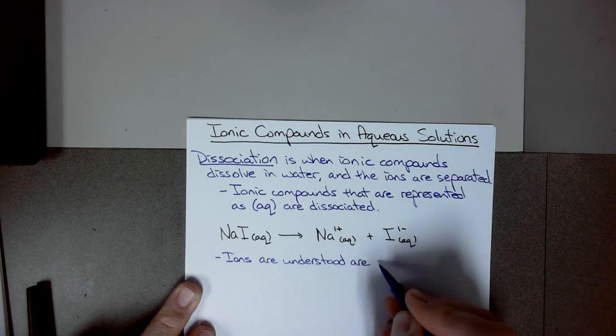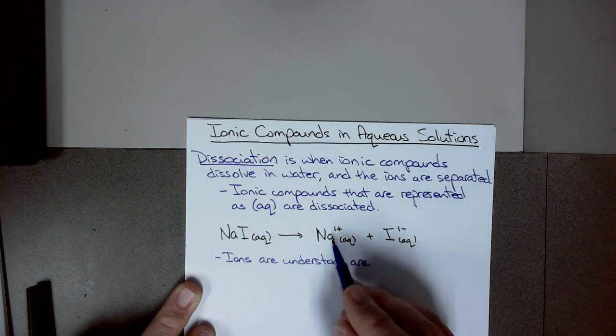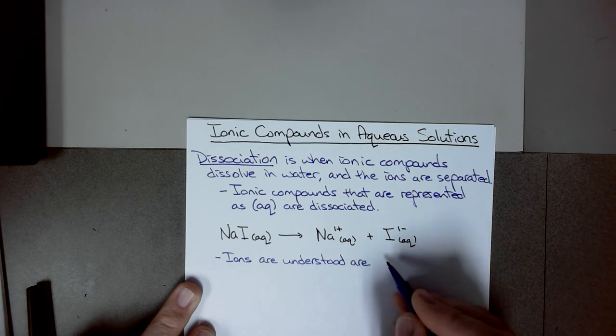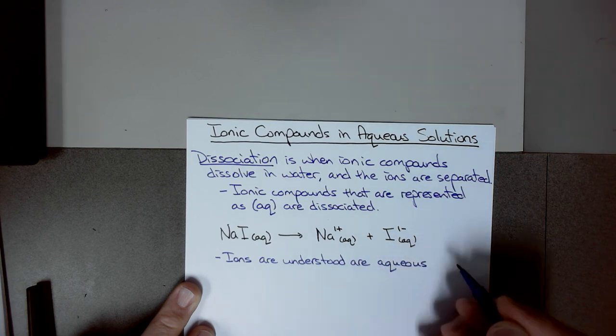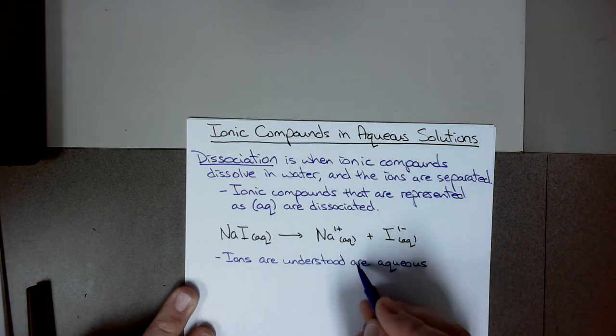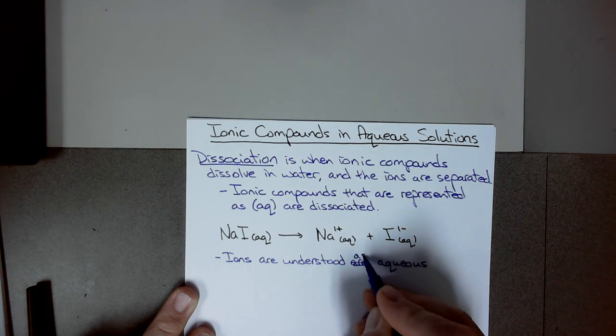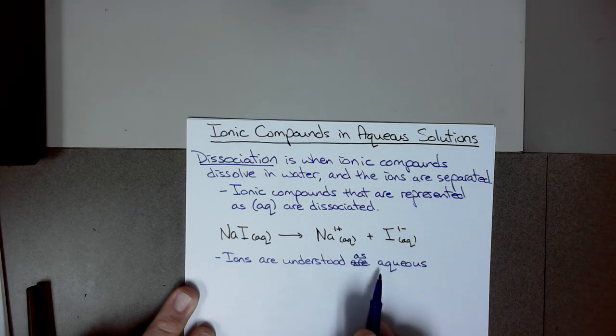In other words, an ion does not exist. A charged species does not exist unless it is aqueous.